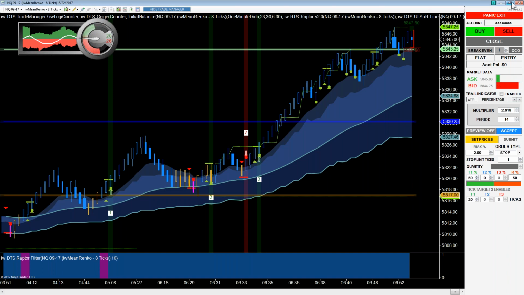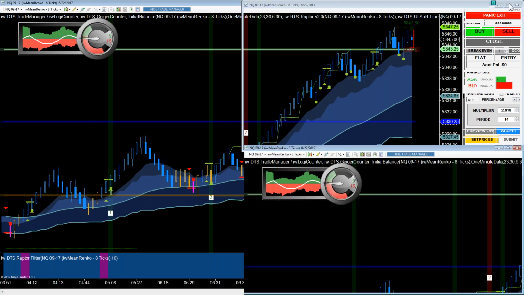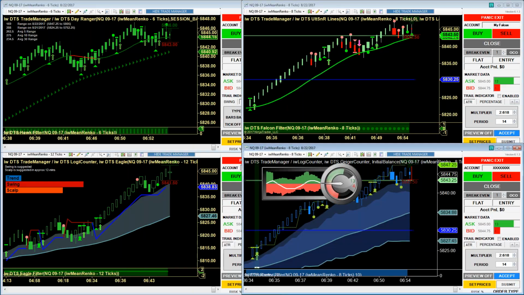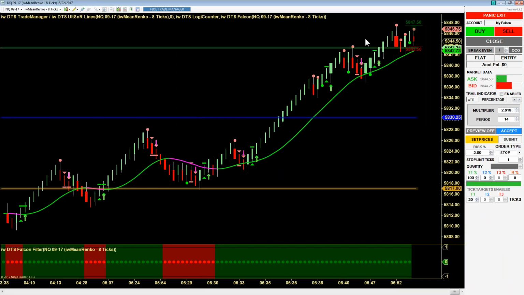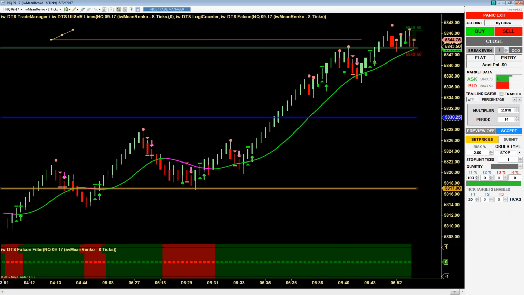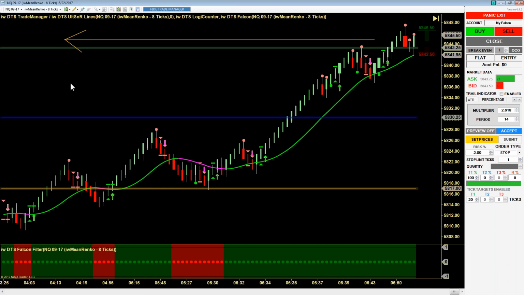Technically, the trend is up, but I don't think there's any denying that it is getting a little bit weaker. Here now on the Falcon, we're getting those double dot signals, which is the counter trend signal for the Falcon. But as I mentioned the other day, if you're looking at a double dot signal, you need to be able to tie it back into the history of the chart and the recent history.